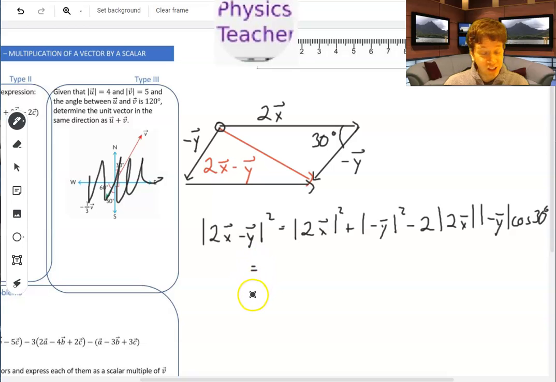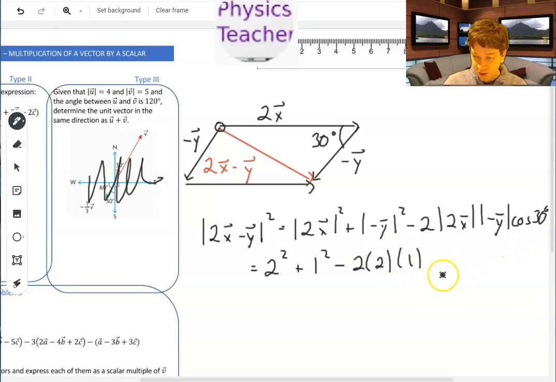Since these are unit vectors, x has a magnitude of 1, so twice of that magnitude will just be 2 squared. Y has a magnitude of 1, so just plus 1 squared. Minus 2 times 1 times the cos of 30, which is root 3 over 2.